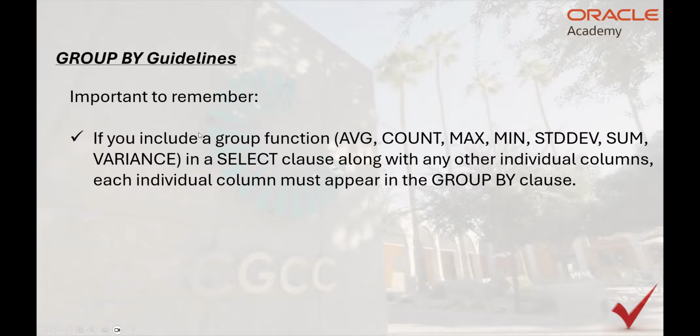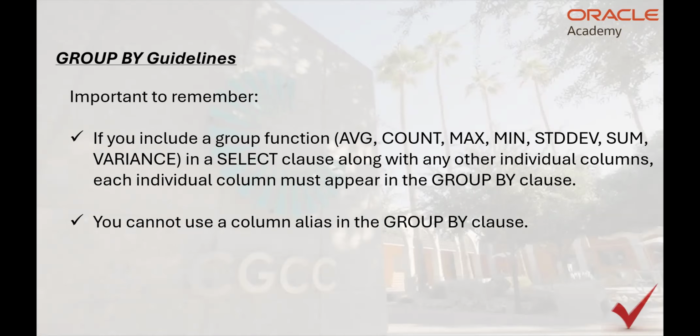That is probably the most stringent rule. You really need to think about what you are trying to accomplish with your result. Do you need other columns to identify? If you include those columns in your select clause, they must be in a group by, if they're not part of a group function. That's the key here.